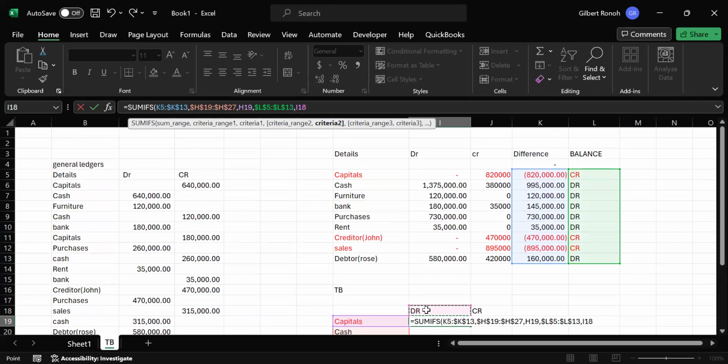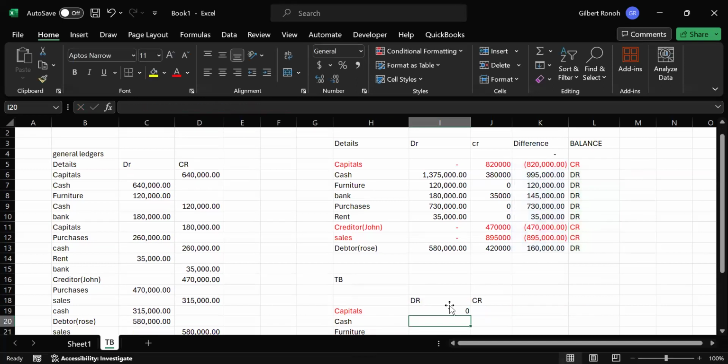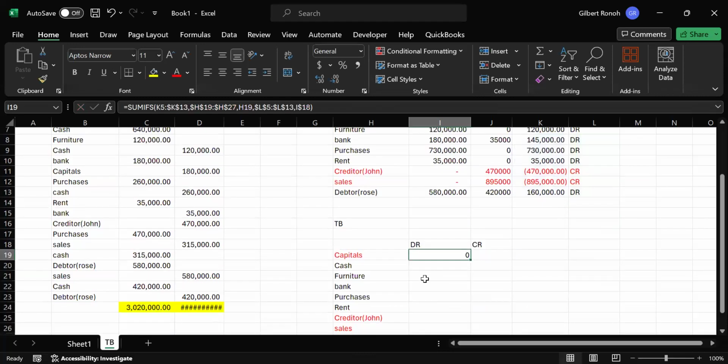I can't lock the row alone. Yeah, that one I can close. So you can see we don't have a capital in a credit balance. I can drag it downward.